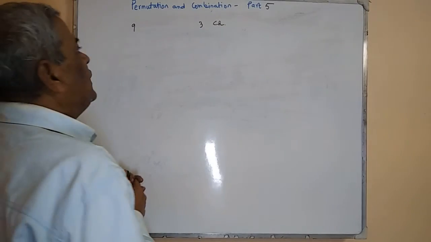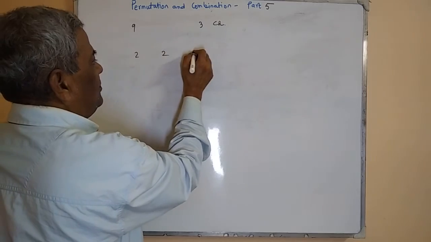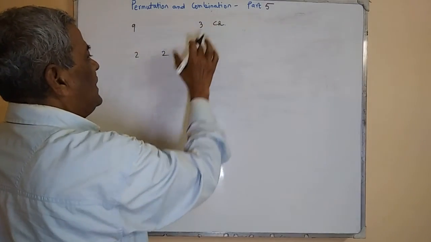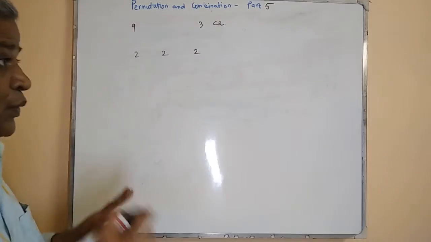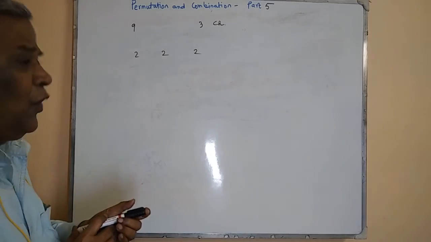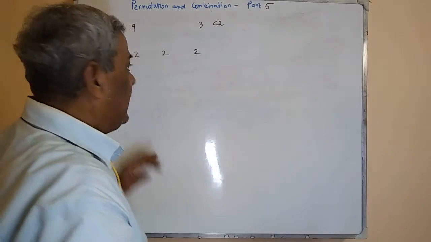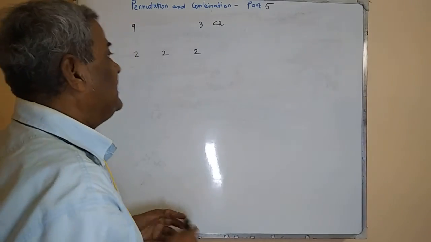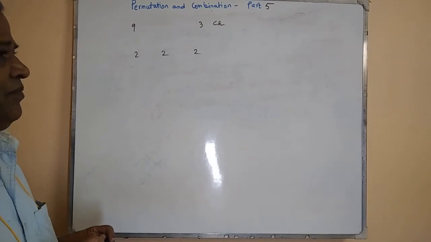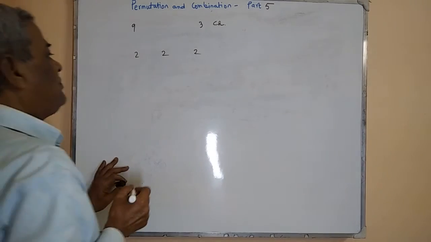First of all, we distribute 2 balls to each: first child 2 balls, second child 2 balls, third child 2 balls. This can be done in only one way because the balls are identical. After that, 3 balls are left, to be distributed among the 3 children.